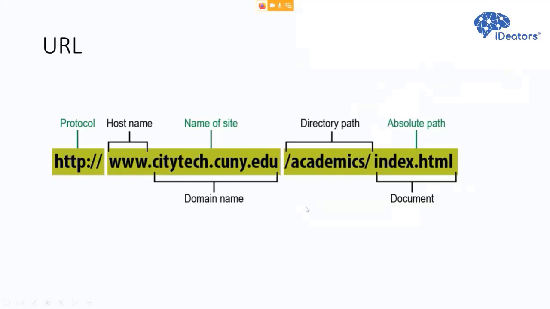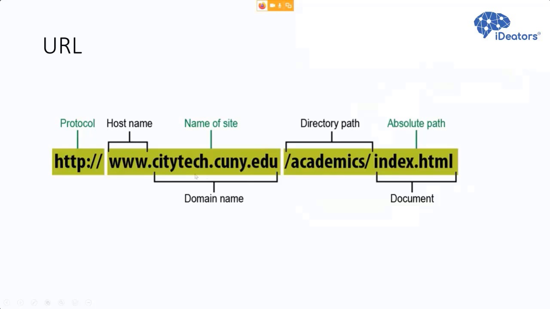Then let's try to understand what a URL is. As I said, communication over the web happens using the HTTP protocol. You have a host name, and then you have a domain name. This host name is optional nowadays. On some websites you'll see they use www dot and some don't.